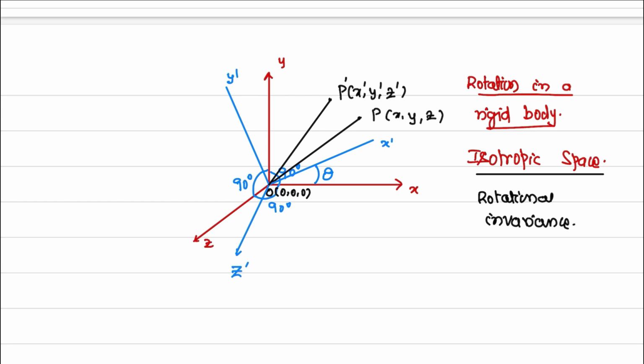Shifting of the axis from one point to another point, as long as the space is homogeneous and properties of the particle are not changing, is called translational invariance, and this space is homogeneous.